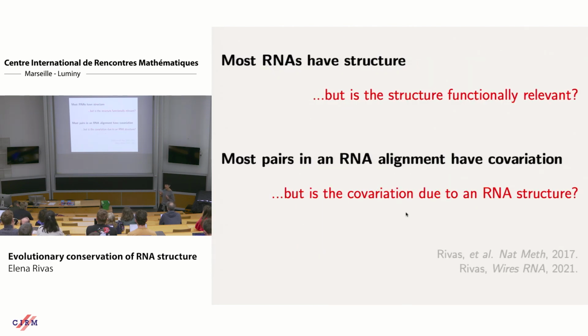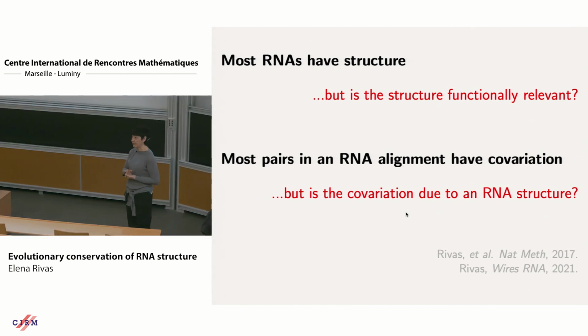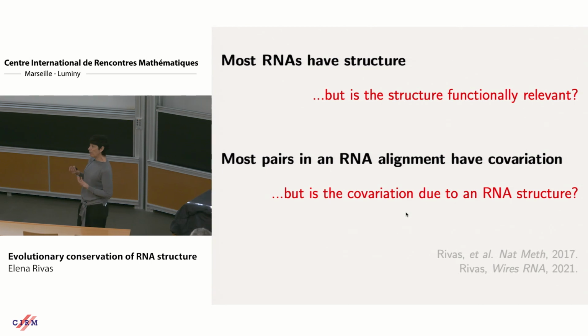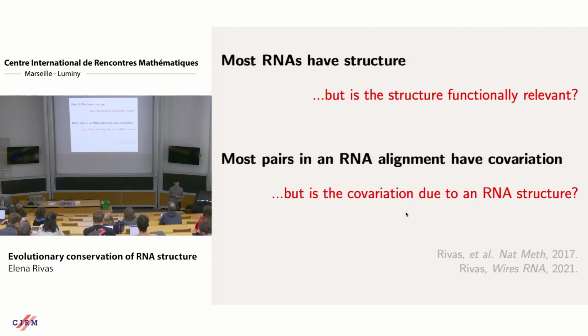Now, you need to ask, is all covariation due to RNA structure? You need to distinguish, because if you give me an alignment and you calculate covariation by any of the methods that I showed you before, pretty much every pair of columns is going to have some variation unless it's absolutely conserved, which is very rare. And then I'm going to try to decide, is that covariation due to RNA or is it due to something else?